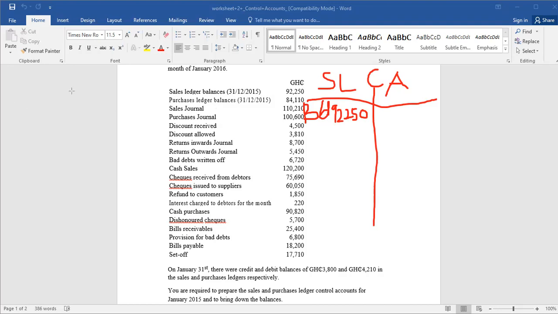And now if you like, you can open a second one. This is not what I want to do. I wanted a pen. This is the purchase ledger control account, which can also be referred to as... wait, why is the thing vanishing? What is happening?